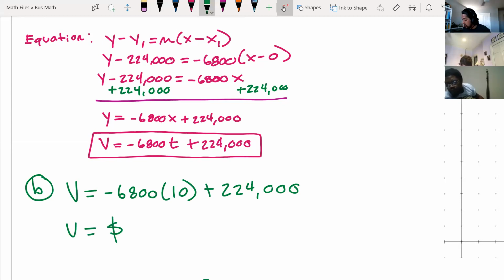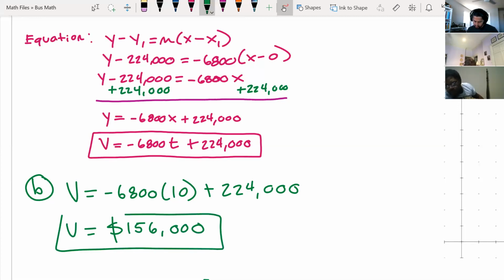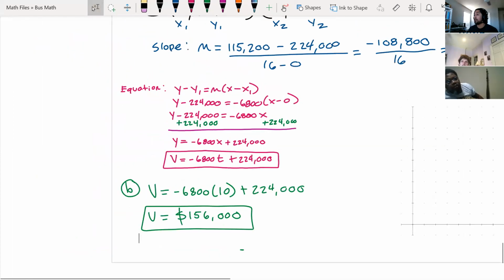And go ahead and just calculate all that. We get that after 10 years, this boat is worth $156,000. I guess that's not bad for a boat.